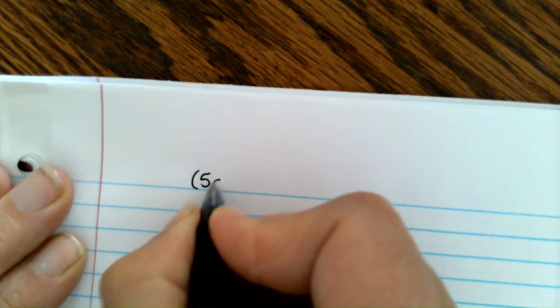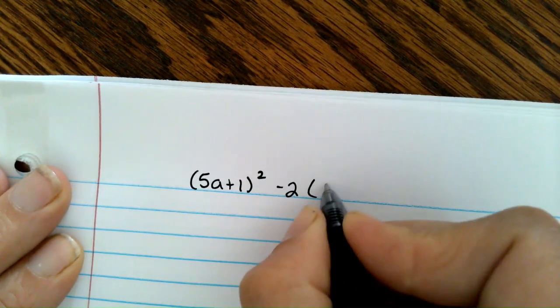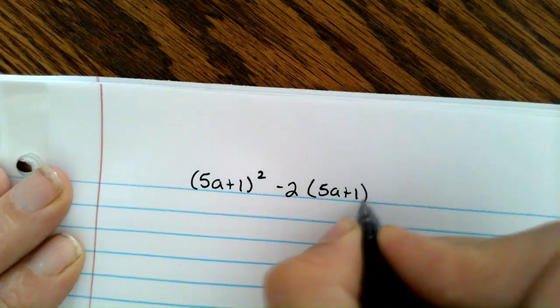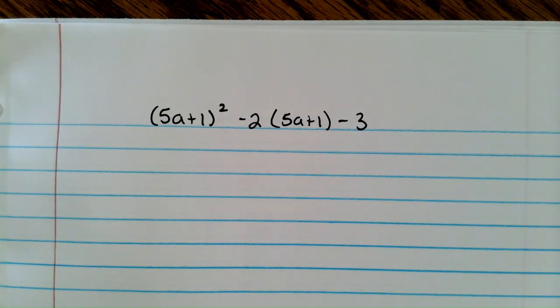Okay, so 5a plus 1 squared minus 2 times 5a plus 1 minus 3. This particular example has a long way and a short way. Okay, long way, I will do second. Short way.